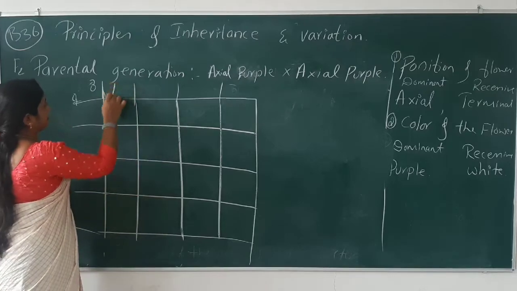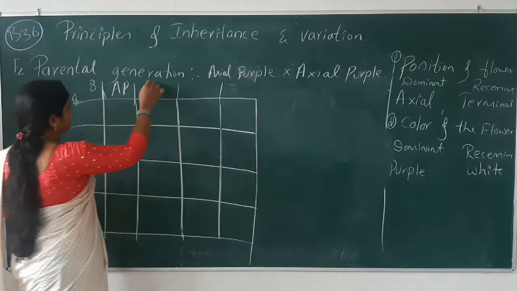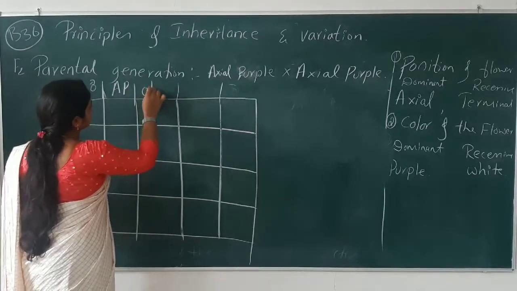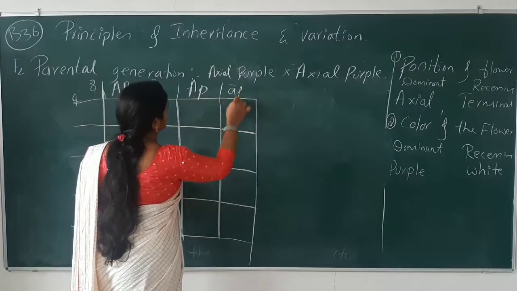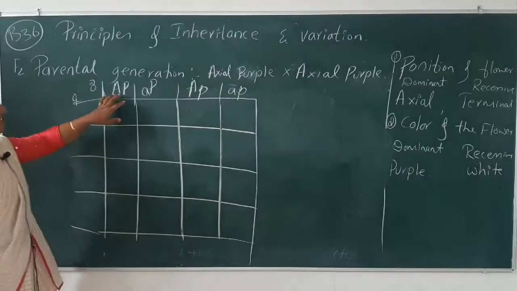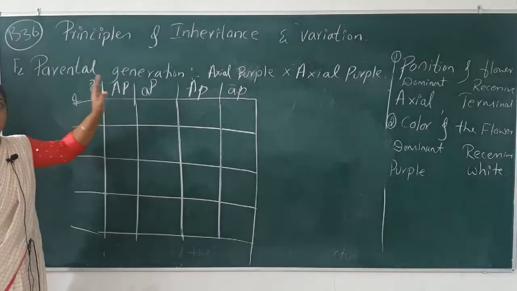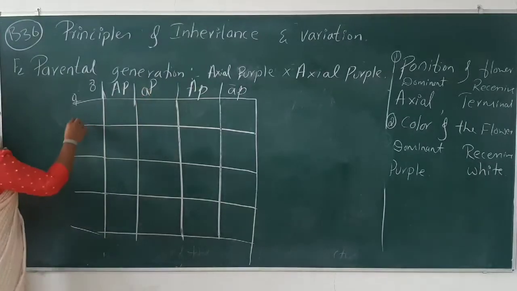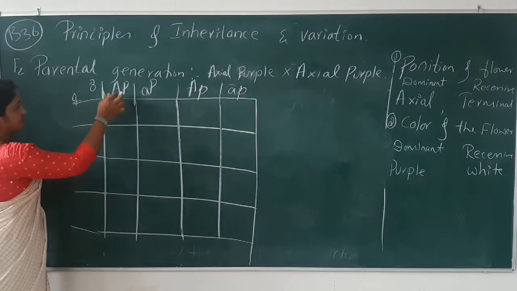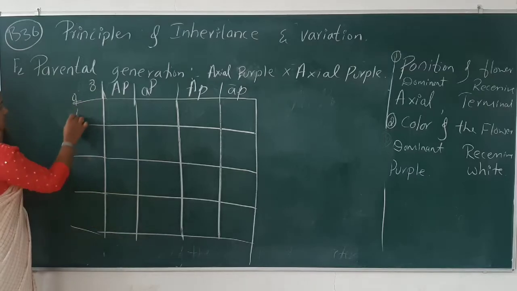So what I will write here, I am going to write the gametes. Do not forget, we have taken another character, which is far different from yesterday's concept. Only the character we have changed, but everything remains constant.